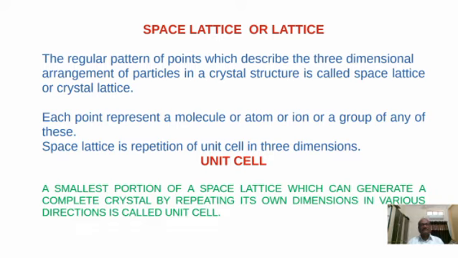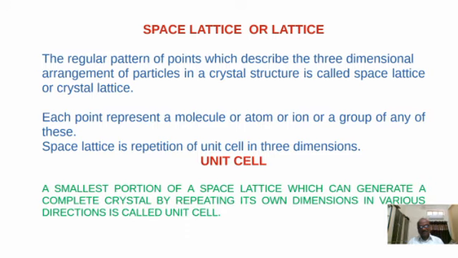In this, each point represents a molecule or atom or ion or group of any of these. Means a space lattice is indicated with the help of a diagram as points. Each point is called a lattice point. This point indicates a molecule or atom or ion. Suppose we are representing the space lattice of ice, each point in the diagram of the ice crystal represents a molecule.